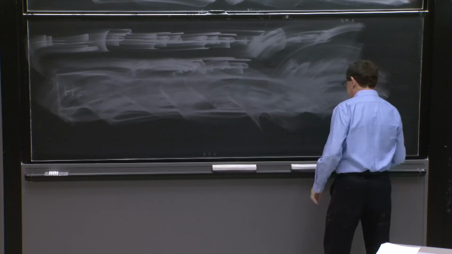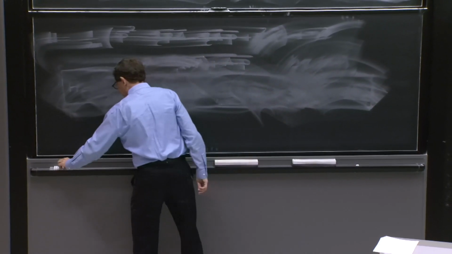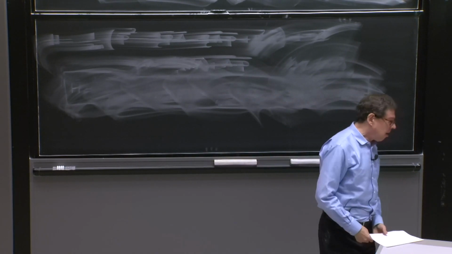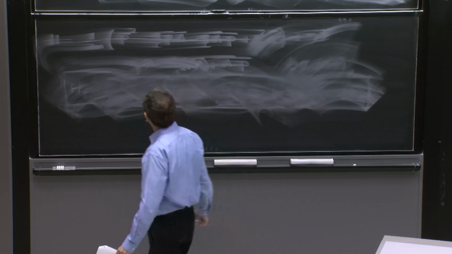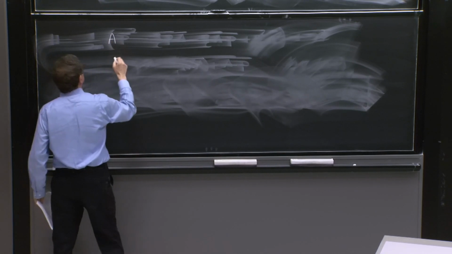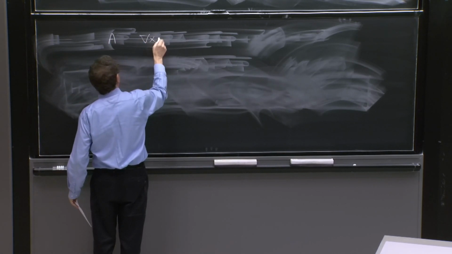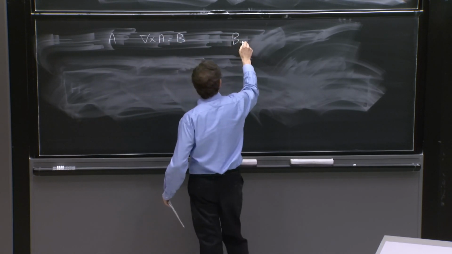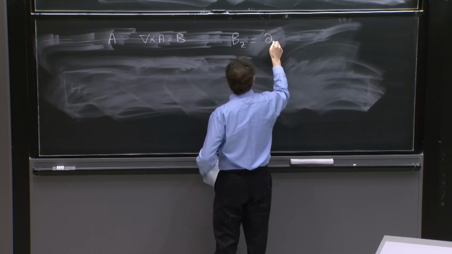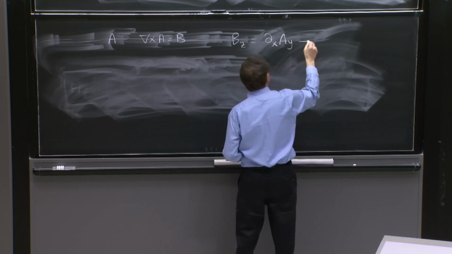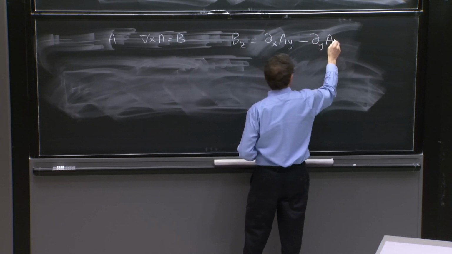Well, at first sight, that doesn't sound too difficult. You can say, all right, let's find the vector potential. That is to find an A such that curl of A is equal to B. So B_z is ∂x A_y minus ∂y A_x.